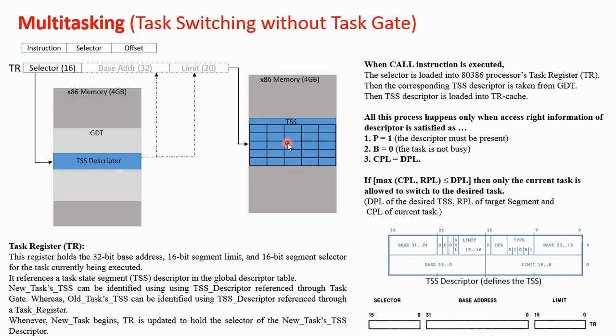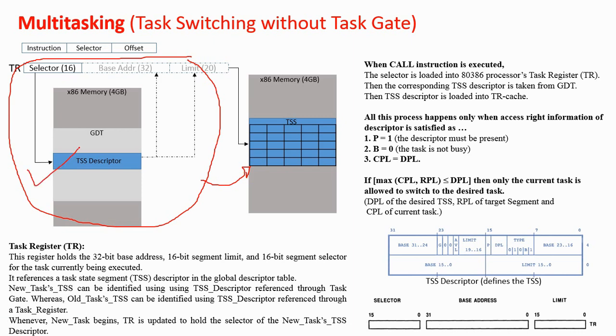Now task switching will happen, because once the microprocessor has the TSS, the context of the new task will get loaded in this TSS. So these things should be done to select the TSS, and with their help we check the privilege level.